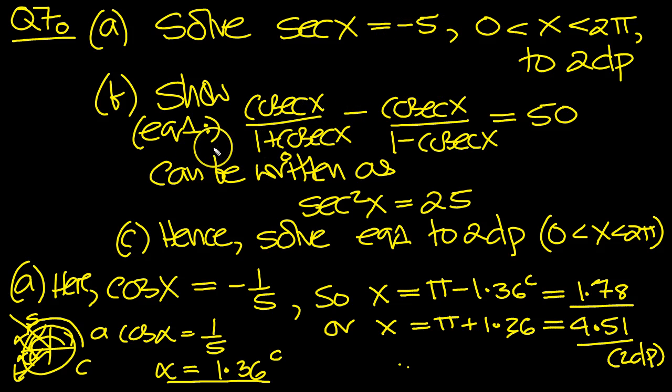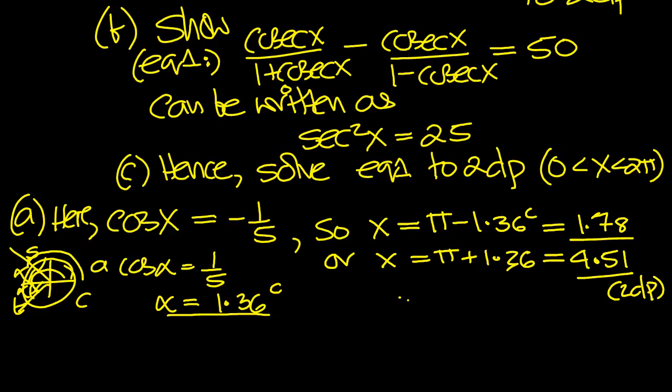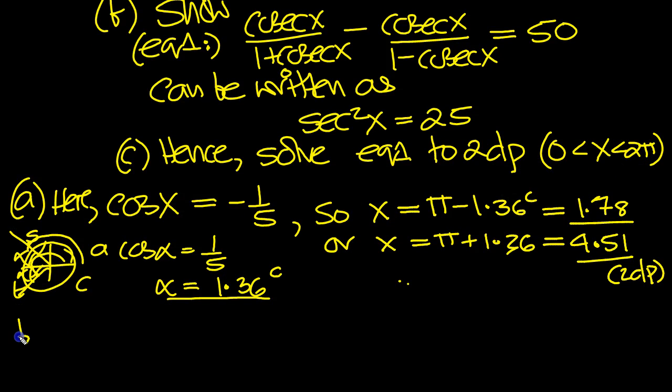Okay, now the next part B then, is show that this equation equals 50 can be written as this. So the left-hand side we need to simplify, don't we? And we're going to hopefully get 2 sec squared, aren't we, for this. So let's have a look at it then. Cosec x, so part B. Cosec x, so let's look at the left-hand side, is 1 over sine.